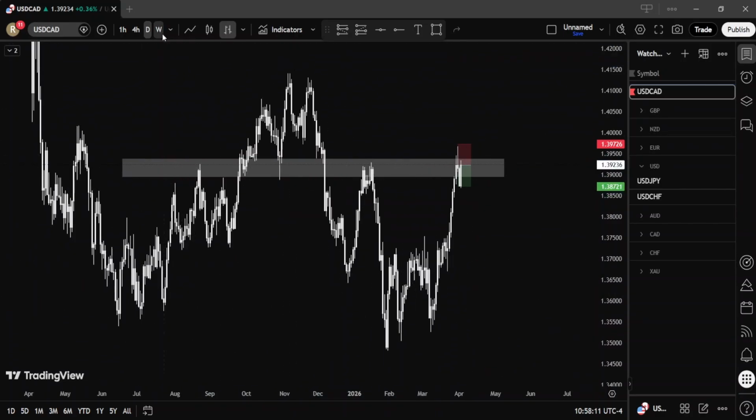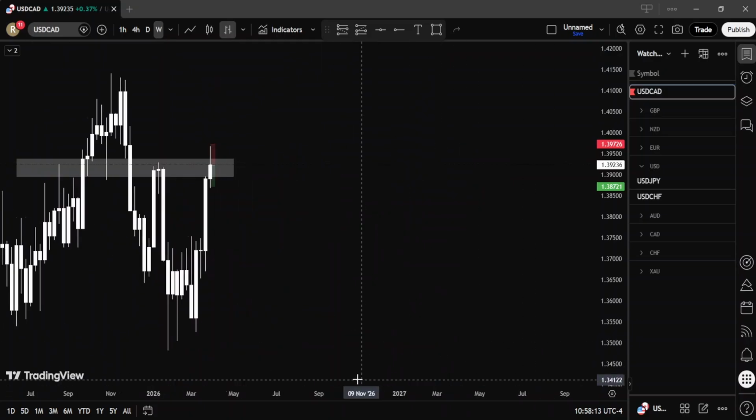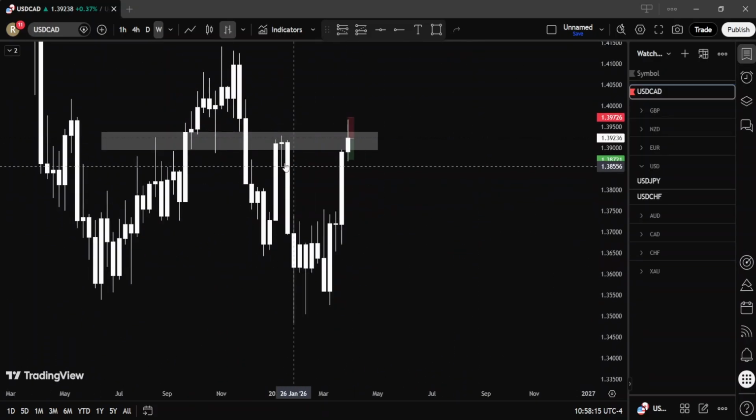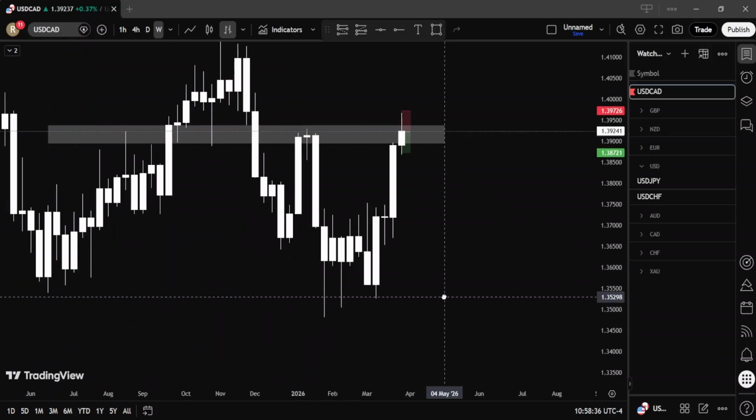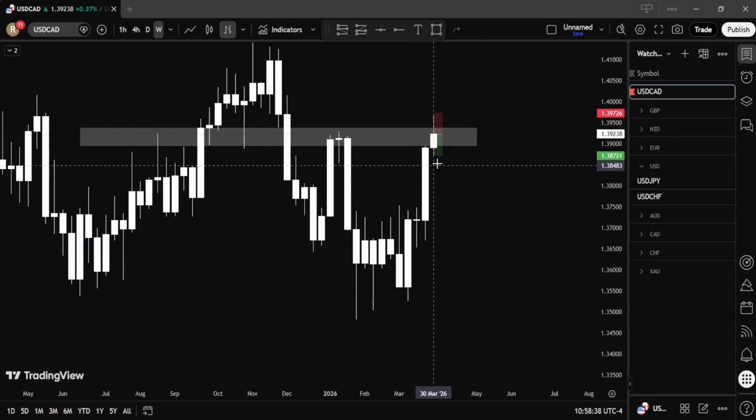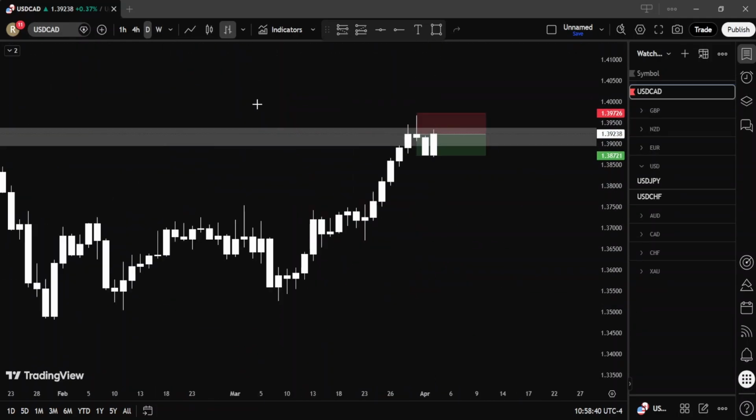On the daily chart and then on the weekly chart as well, you can see it had a strong reaction, especially here. You had a reaction here up as well, but this one was closer to price. So mainly on the weekly, we're looking at this reaction here. And when price came up, we thought it would bounce from there and go down. And that's actually exactly what it did.